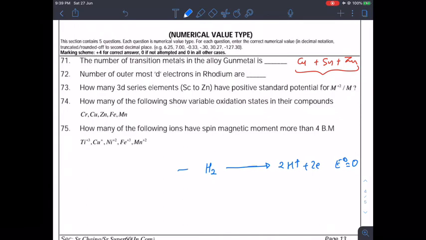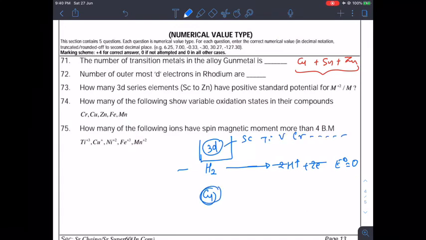In that electrochemical series, if you remember, copper comes below hydrogen, and above this we have the majority of the d block elements. In the 3d series, all of them except copper are above hydrogen, be it scandium, titanium, vanadium, chromium, anything except copper.